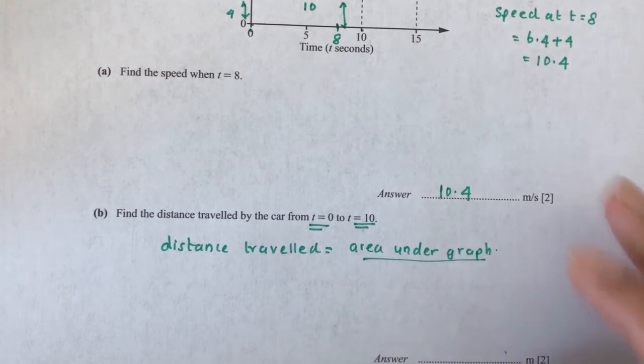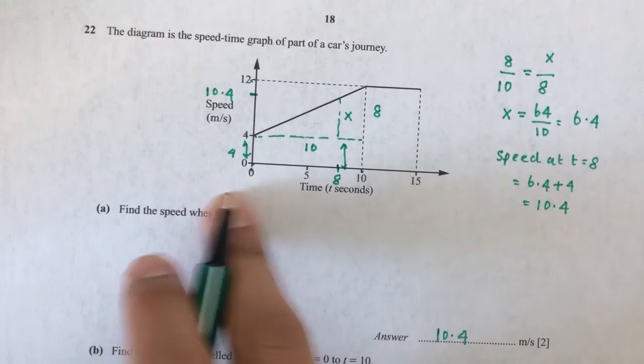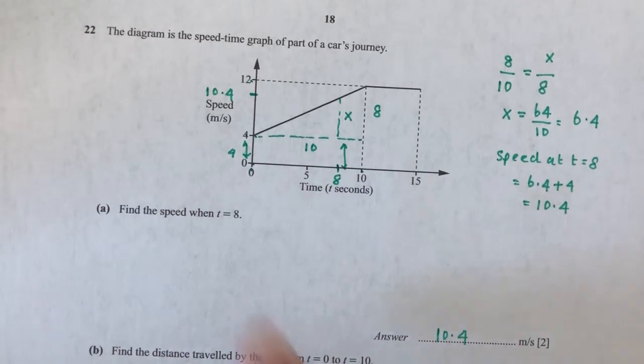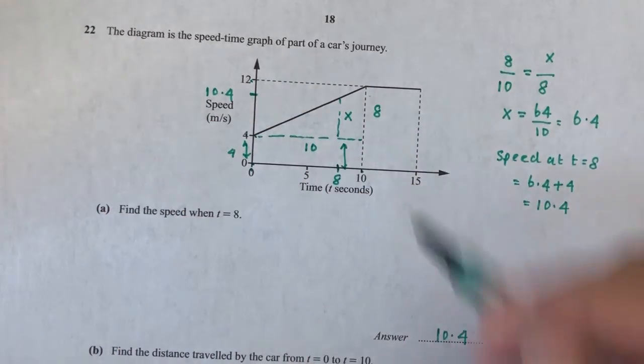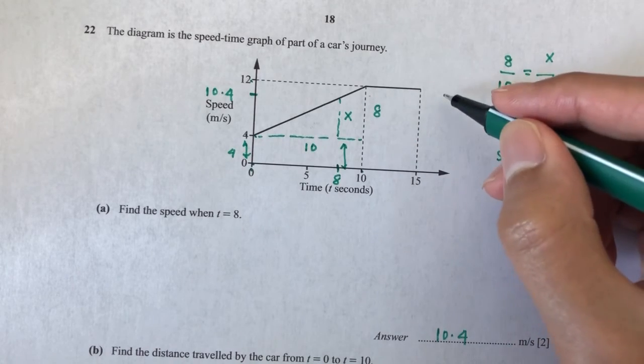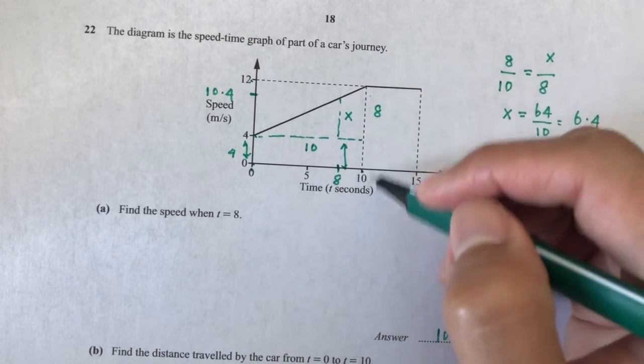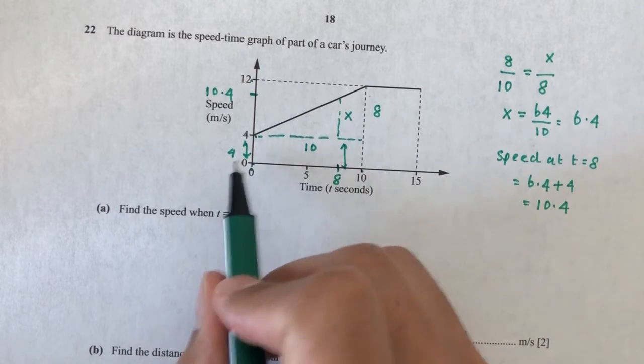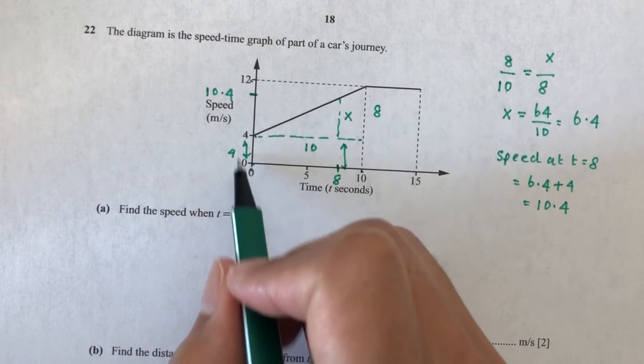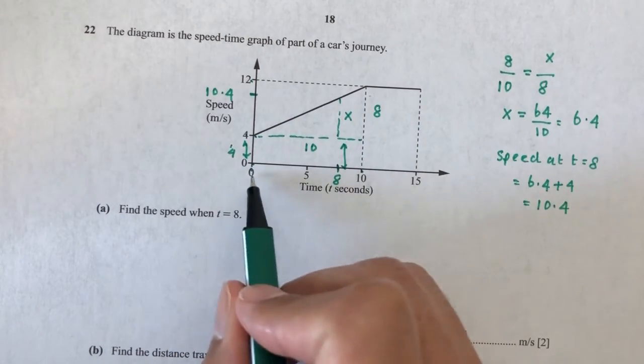Okay, so here we observe the area on the graph is the area of a trapezium. So we have two parallel sides. This length here is 12, and this length here is 4, and the height in between will be 10.